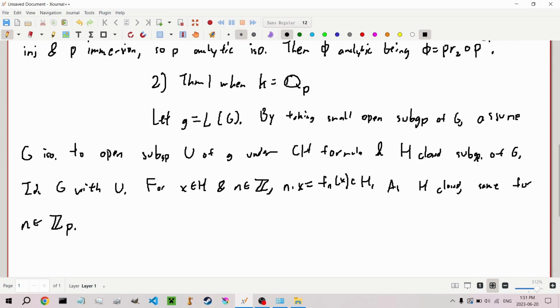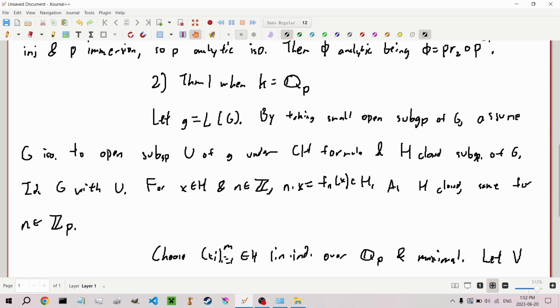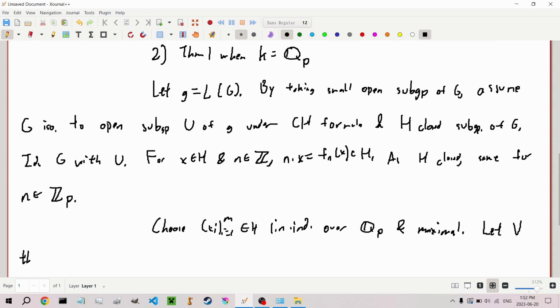Now we're going to choose x1 through xm in H such that they're linearly independent over Qp and maximal with this property. We're going to let V be the vector space generated by the xi.